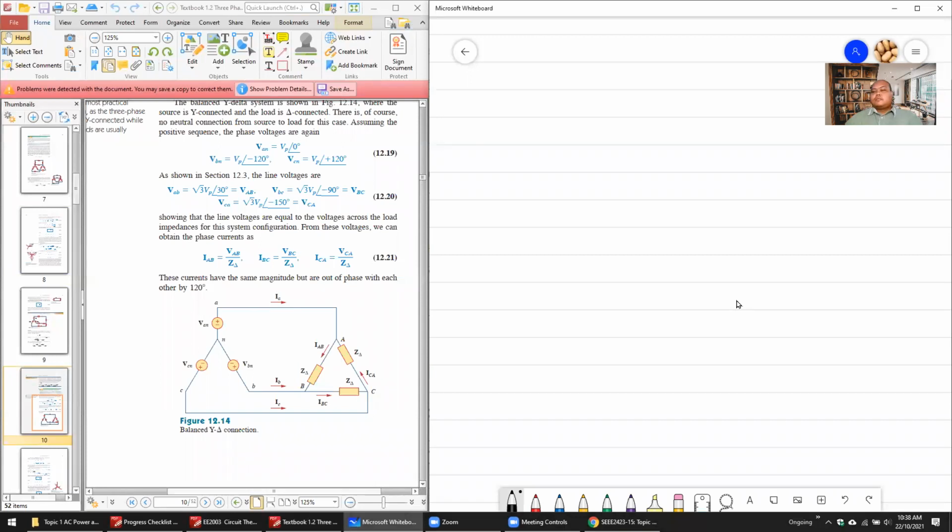So this is a Y-Delta connection. Sorry, my PC hang again. So how to draw this? You use the same concept.